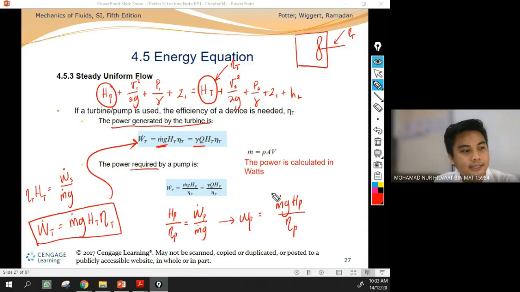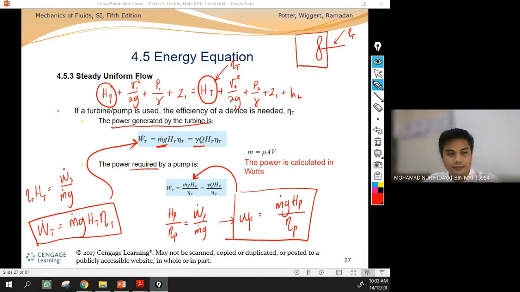So you can see this term is directly related to this term.